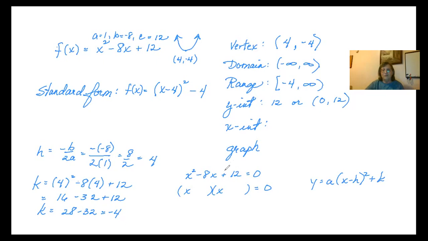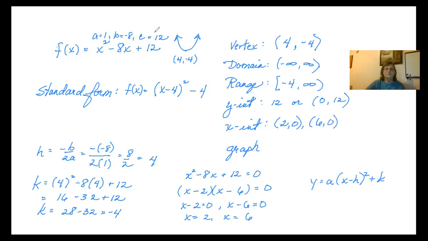So the factors of 12 that add up to 8 would be 2 and 6. To get a -8, it has to be a -2 and a -6. If I put x minus 2 is 0 and x minus 6 is 0, then I'm going to get x is 2 and x is 6. So the x-intercepts are (2, 0) and (6, 0).